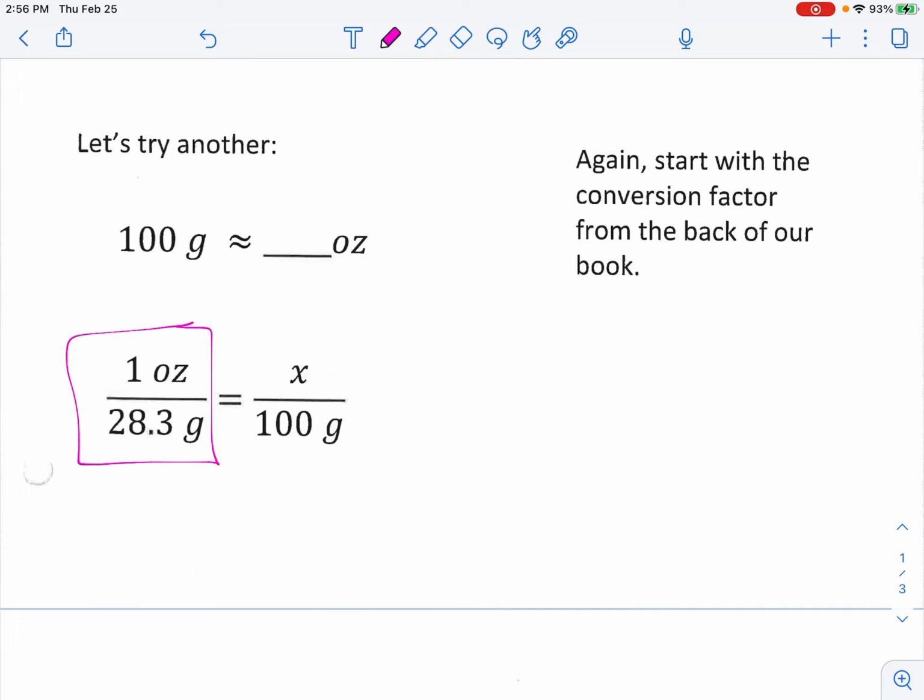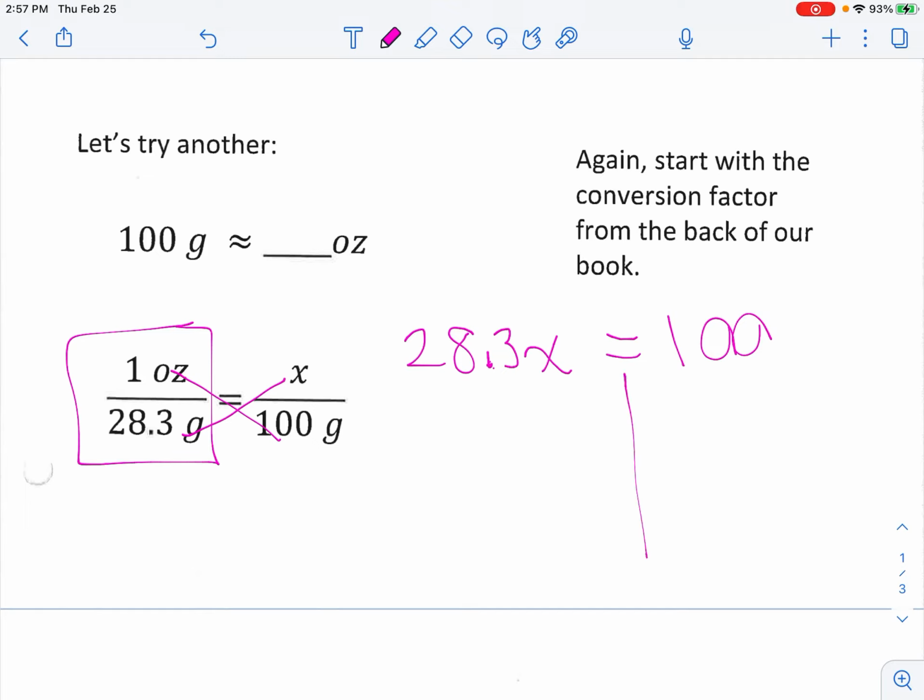I put what I'm converting to on the right side. So we're going to do cross products. First, we're going to multiply 28.3 times x. That's 28.3x equals 100 times 1 is 100.